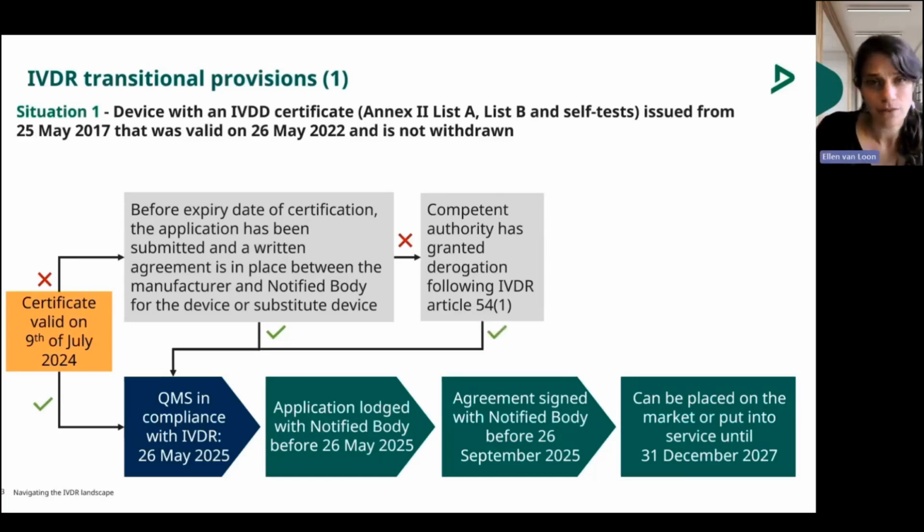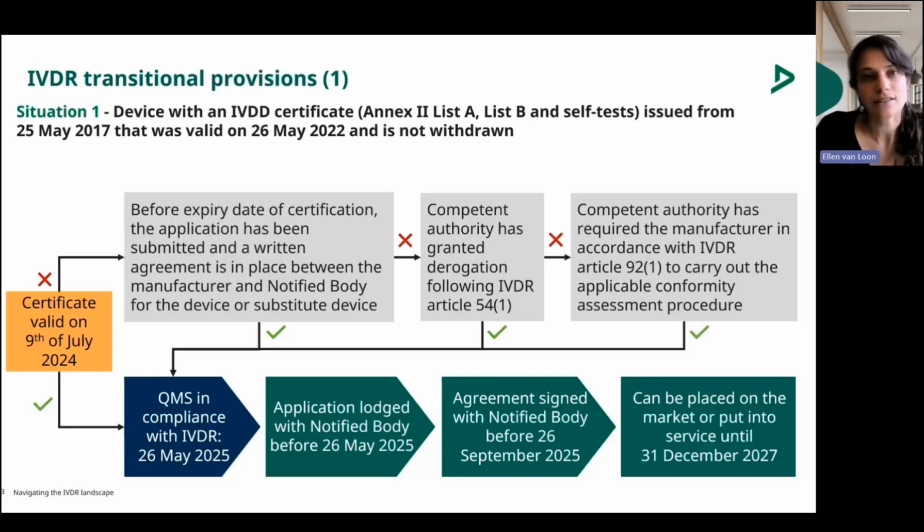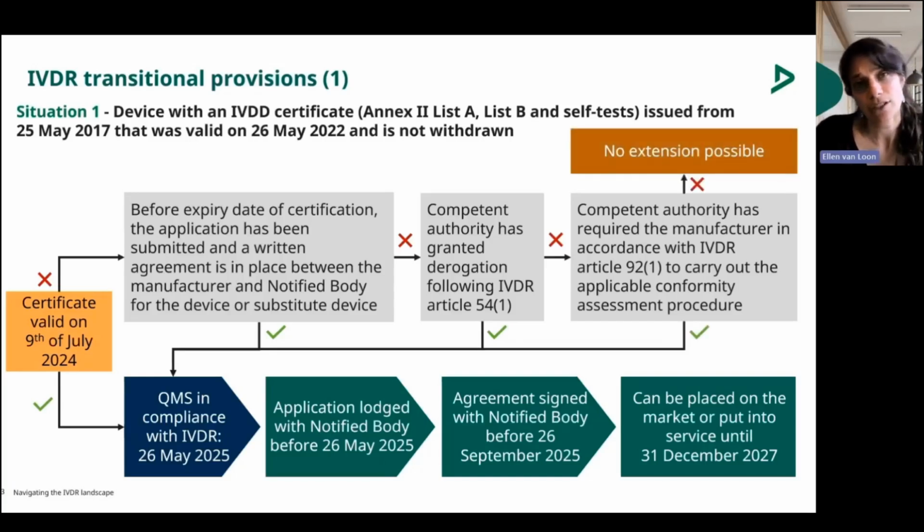If that's the case, you can follow the below route. If that's not the case, then the competent authority should have required the manufacturer, in accordance with the IVDR Article 92, to carry out the applicable conformity assessment procedure. If that's the case, again, you can follow the below route. If that's not the case, then I'm afraid no extension is possible.